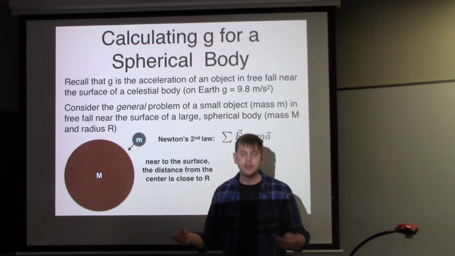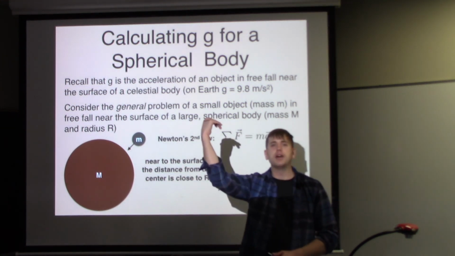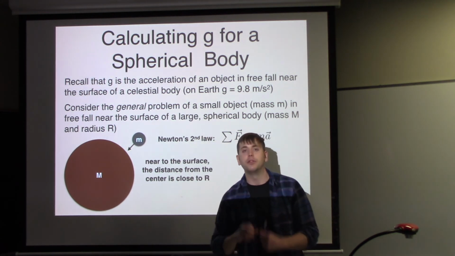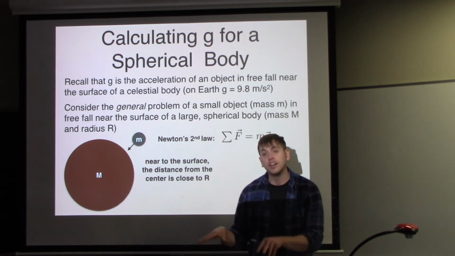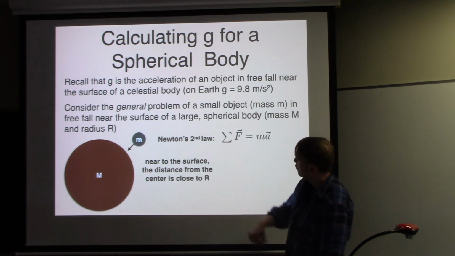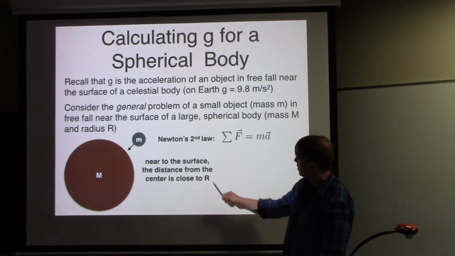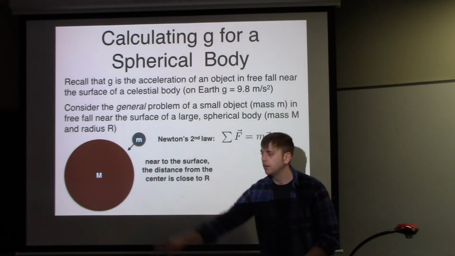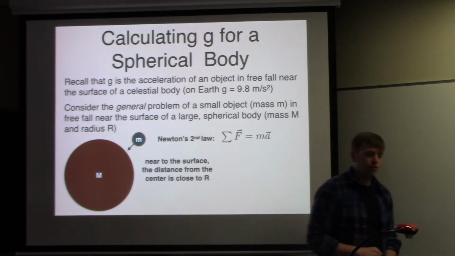So even if I'm standing on top of Mount Everest, I'm really not that much further from the center of the Earth than I would be standing at sea level. So we're going to say that the distance from the center of the Earth is basically just the radius of the object. And if we go off some height above the surface, it's really not going to change that much.